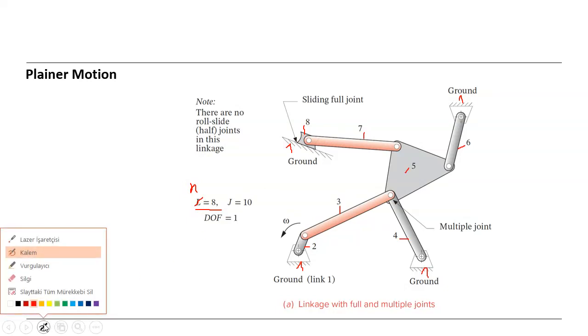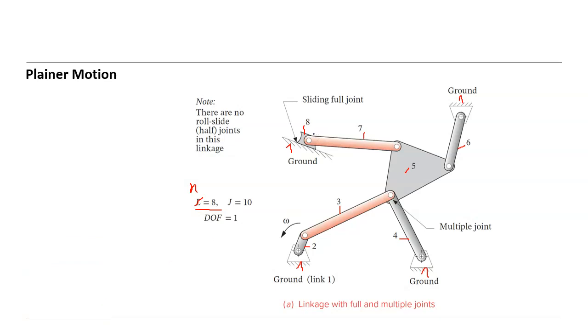Let's use another color here. Between ground and 8 is the prismatic joint. Here we have a pin joint, that means revolute joint, and also here revolute joints, including grounded revolute joints.